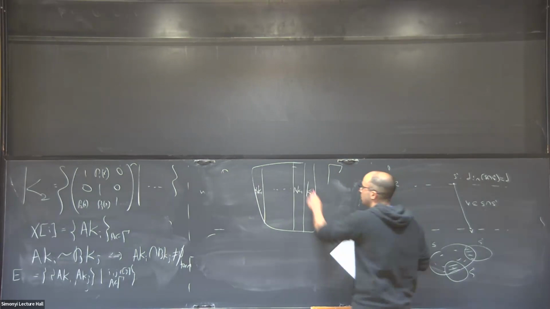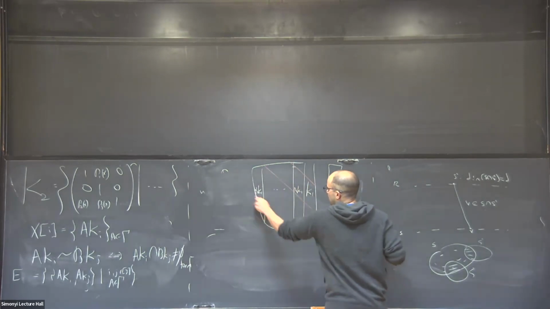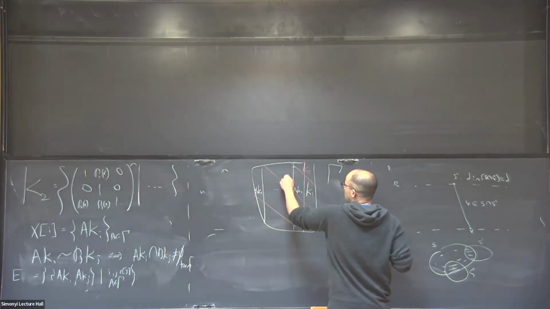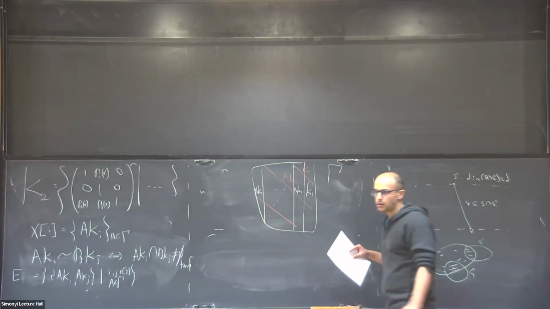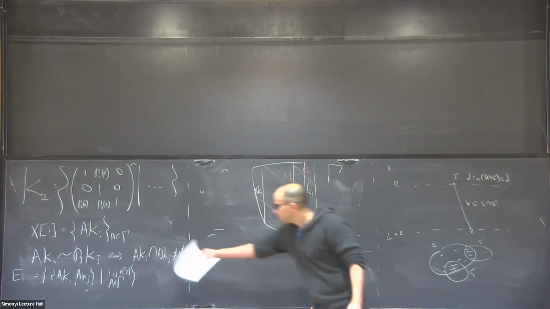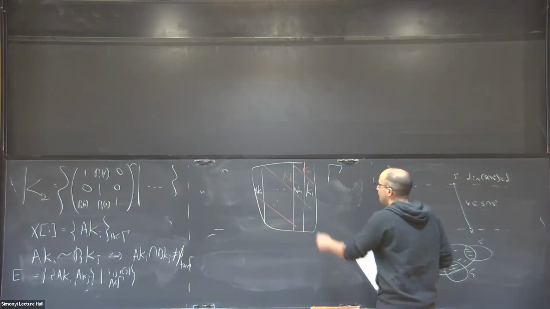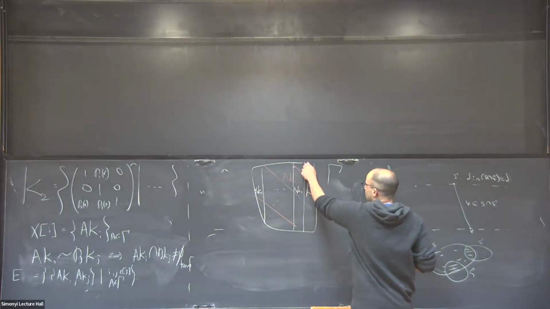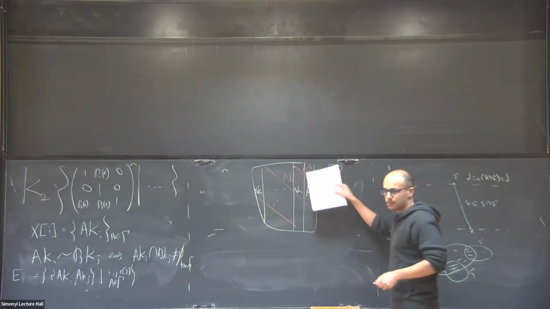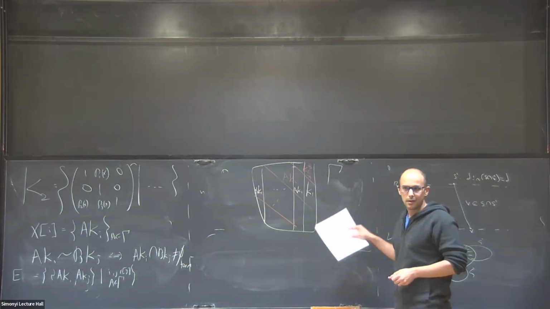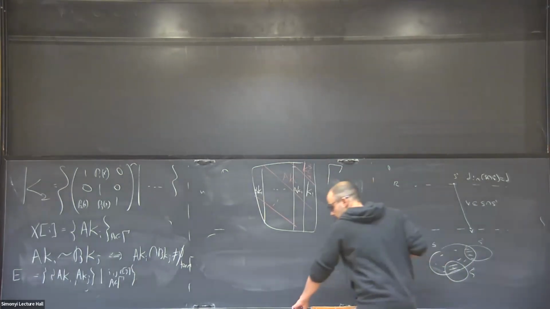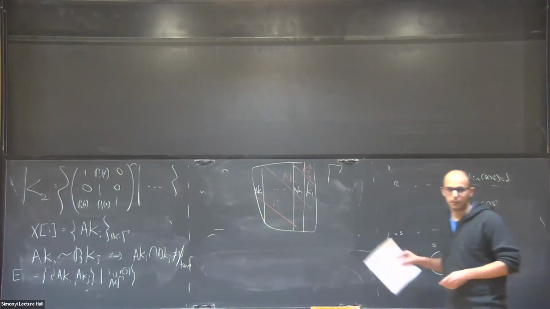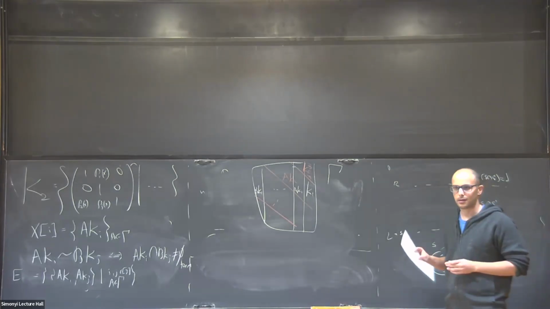Maybe I'll draw it in red. Here is K2, here's AK2, and so on. And pictorially, I see that K2 should connect with K1 because these two cosets intersect. I don't know if this helps, but this is what helps me parse this.